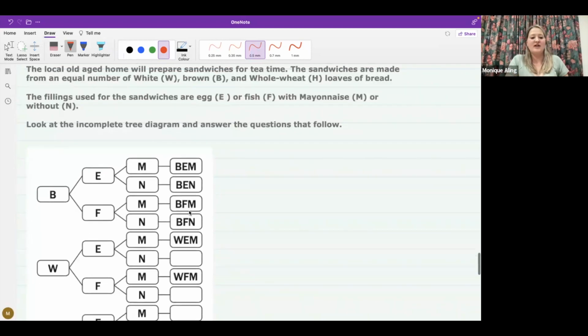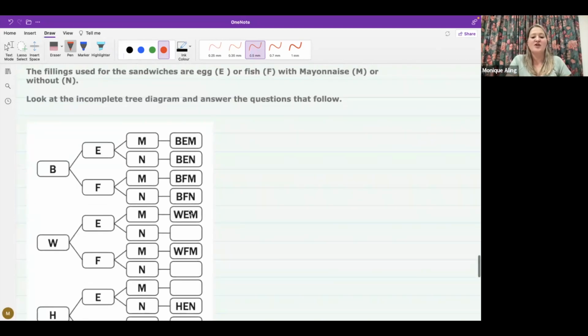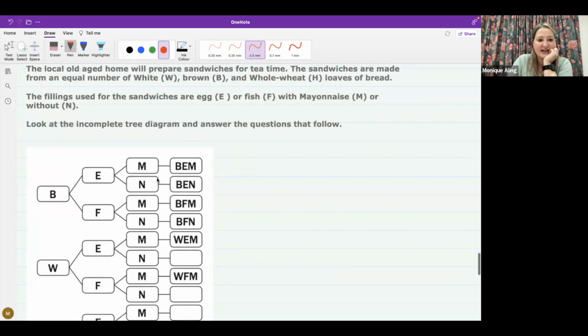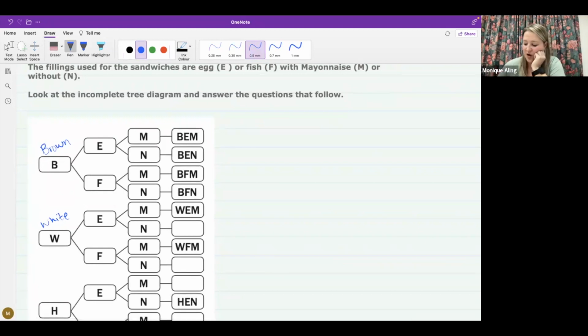Now it says, look at the incomplete tree diagram and answer the questions that follow. So just quickly have a look at the abbreviations again. B stands for brown. This is white bread. And H is our whole wheat.